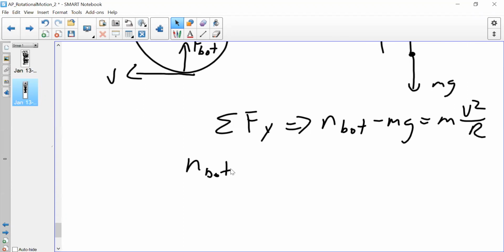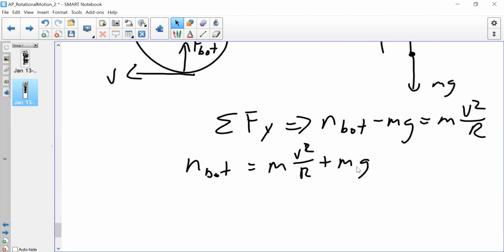Then we just solve for the normal force at the bottom, which is mv squared over r plus mg. Now, they want you to express the answer in terms of mg.